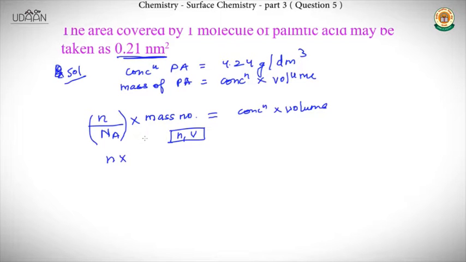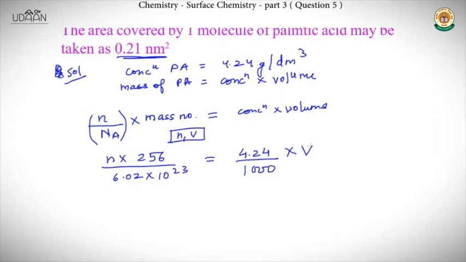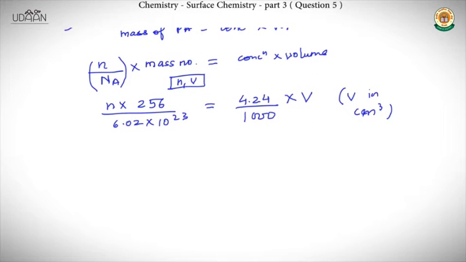So, mass number or molecular weight has been given to us as 256 upon 6.02 into 10 raised to the power 23 is equal to, concentration is given to me as 4.24 upon 1000 into V, because V I am taking in cc, centimeter cube, that is ml, milliliters.